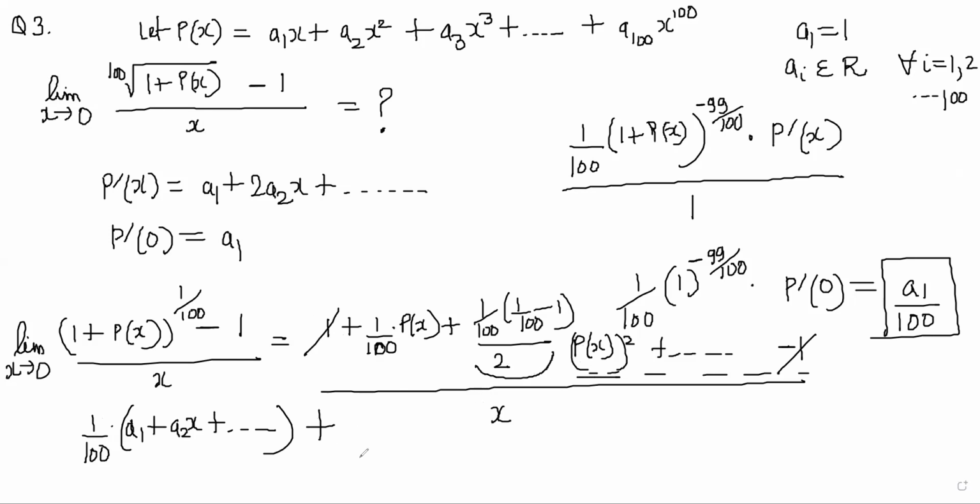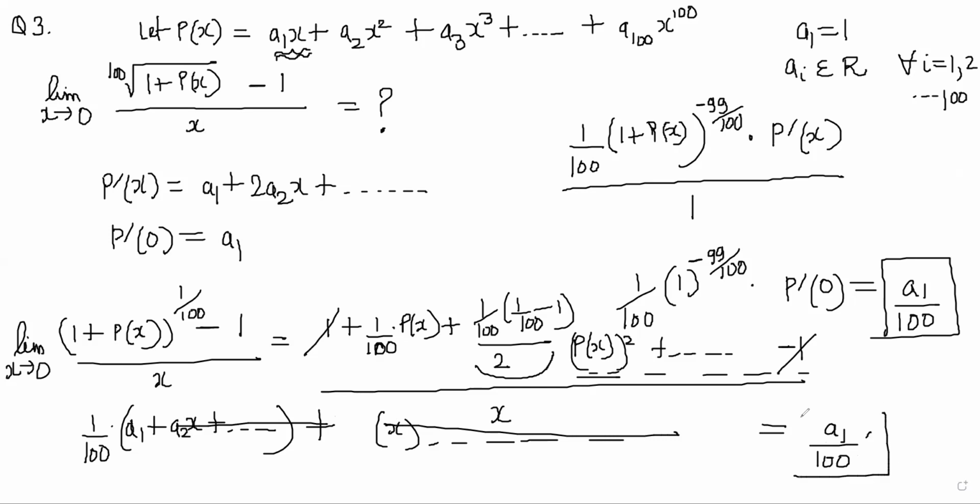P of x whole square will ensure that the lowest coefficient will be square, and when you divide by x, you will still have x terms in everything. Then you put x tends to 0, these will disappear, and you will get a1 by 100. So two ways to do it: binomial theorem or L'Hopital's.